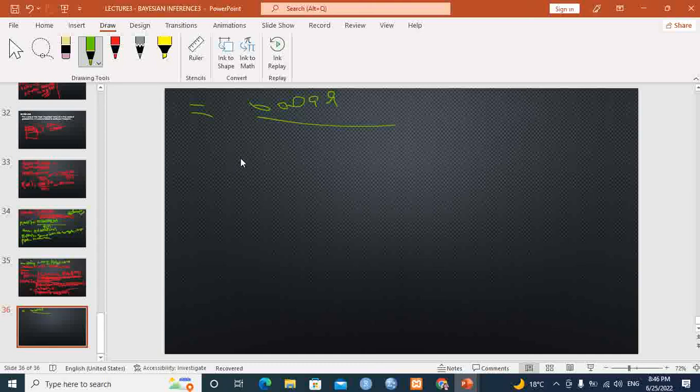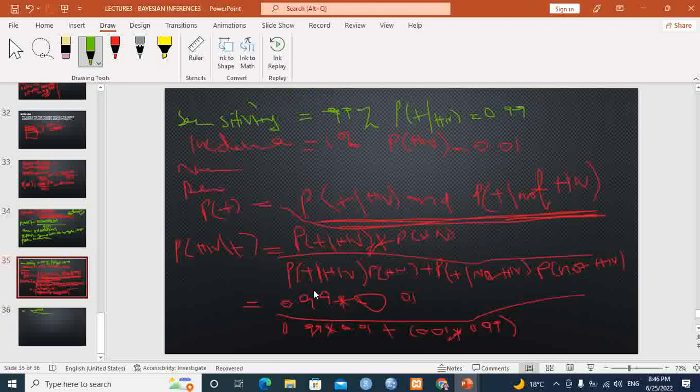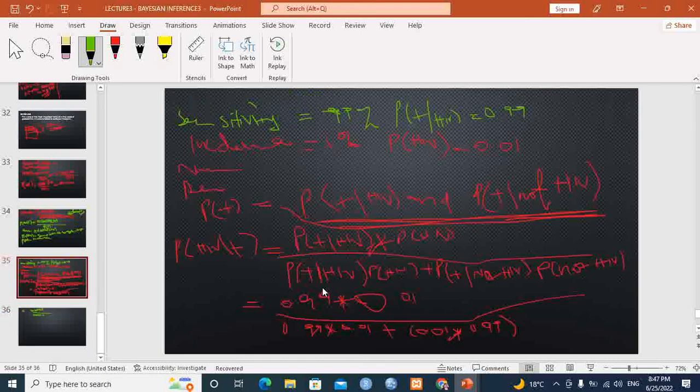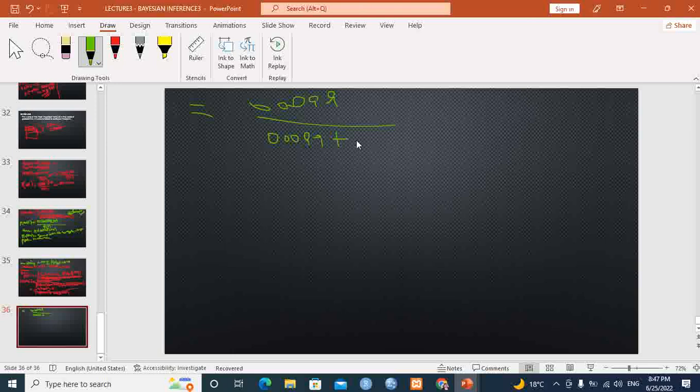Divided by 0.0099 plus 0.01 times 0.99, which is again 0.0099.